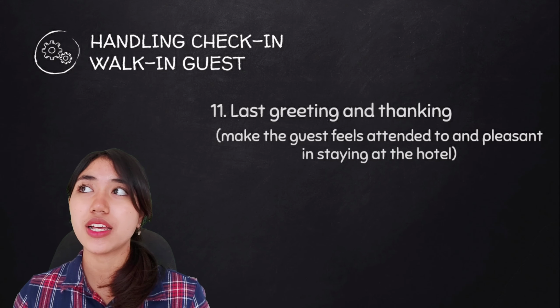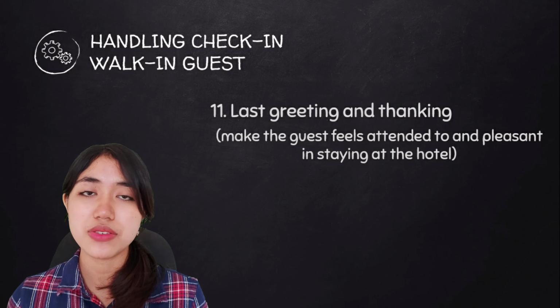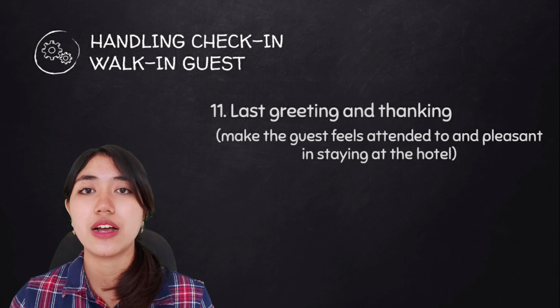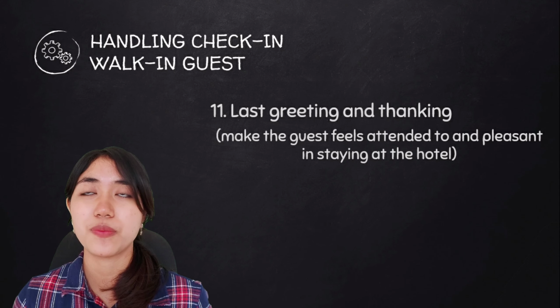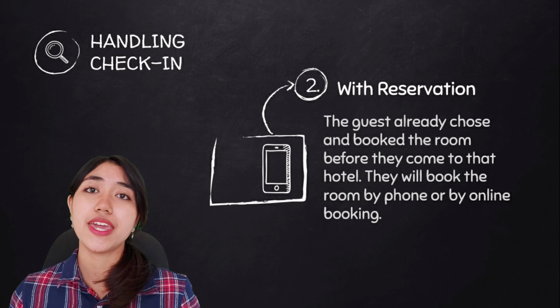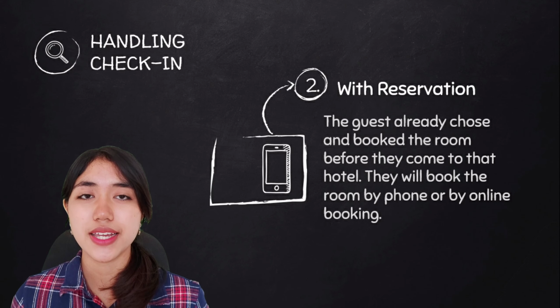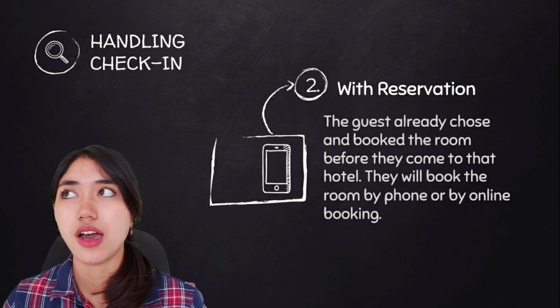Okay, those are the 11 procedures in handling check-in for walk-in guests, and now I will explain the second kind of check-in. The second type of check-in is check-in with reservation.